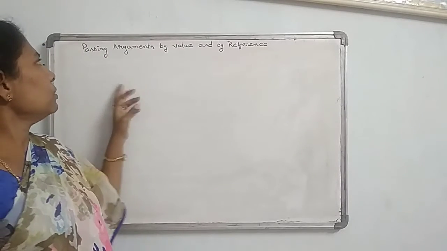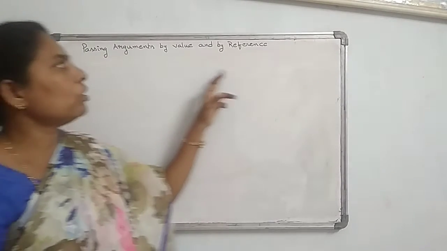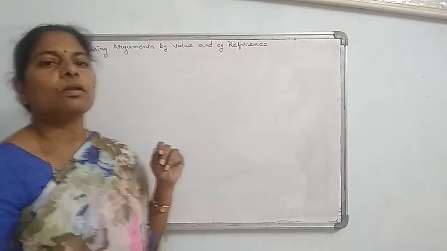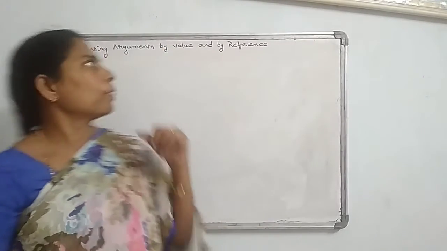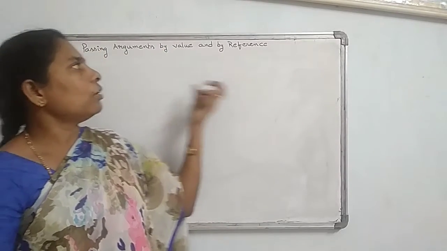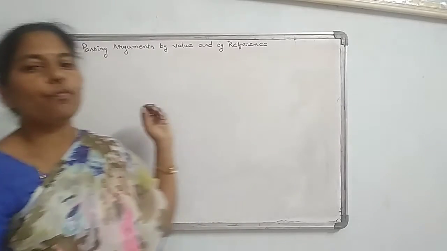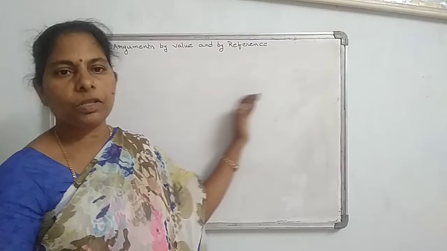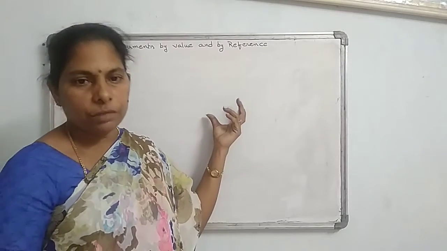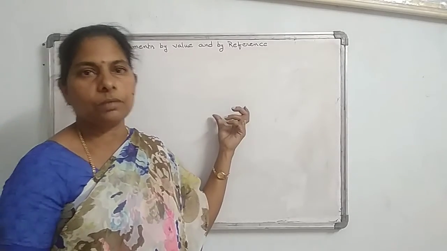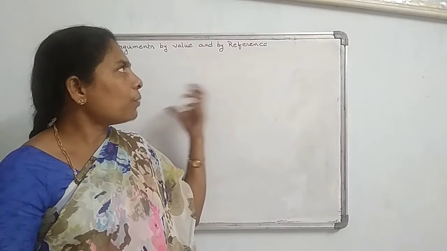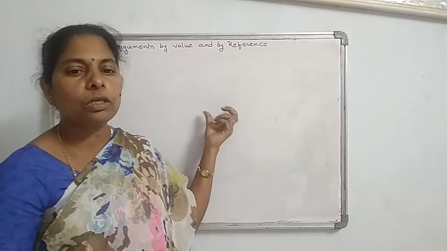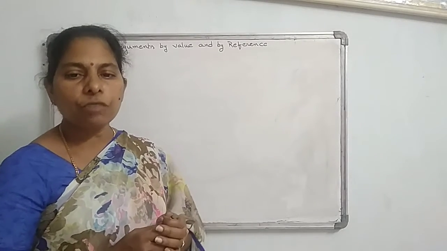The next topic is passing arguments by value and by reference. What is meant by passing arguments by value and reference? Every method may have some arguments, and you must pass those arguments. So how do we pass them? There are two types of passing arguments.